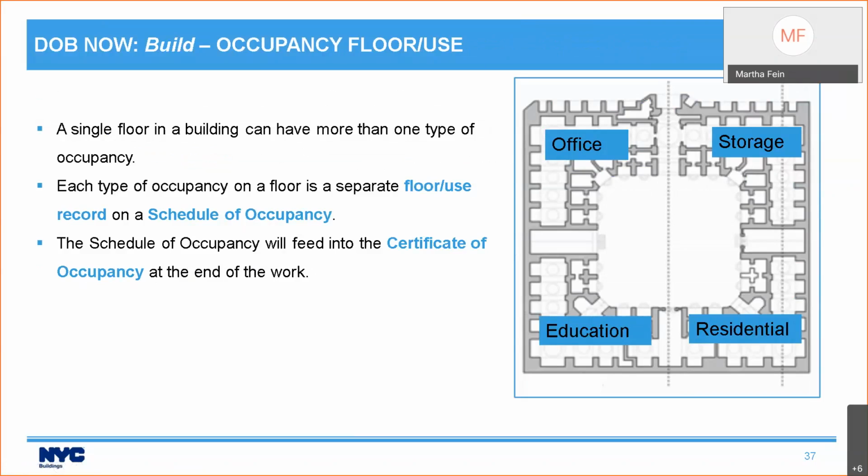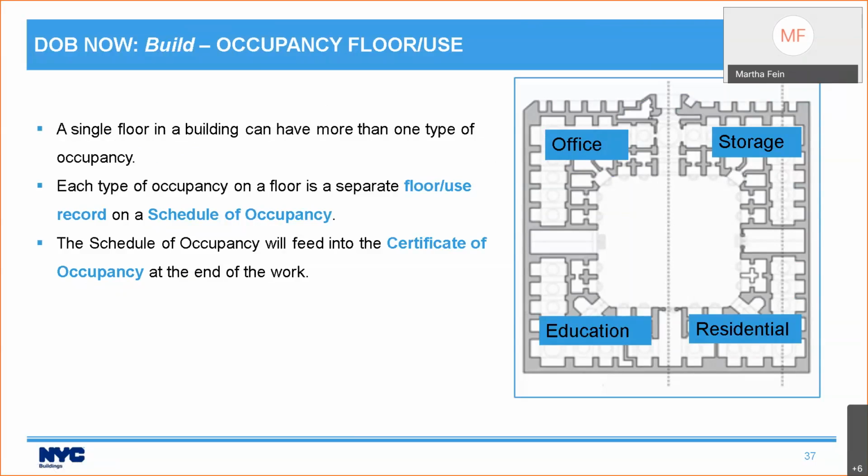So now let's talk a little bit more about floor use. Here's the basic concept. A single floor in a building can have more than one type of occupancy. So, for example, let's look at my floor plan here. This floor in my building actually has 4 types of occupancy. It's got offices, it's got storage, it's got some educational use, and it has residential use.